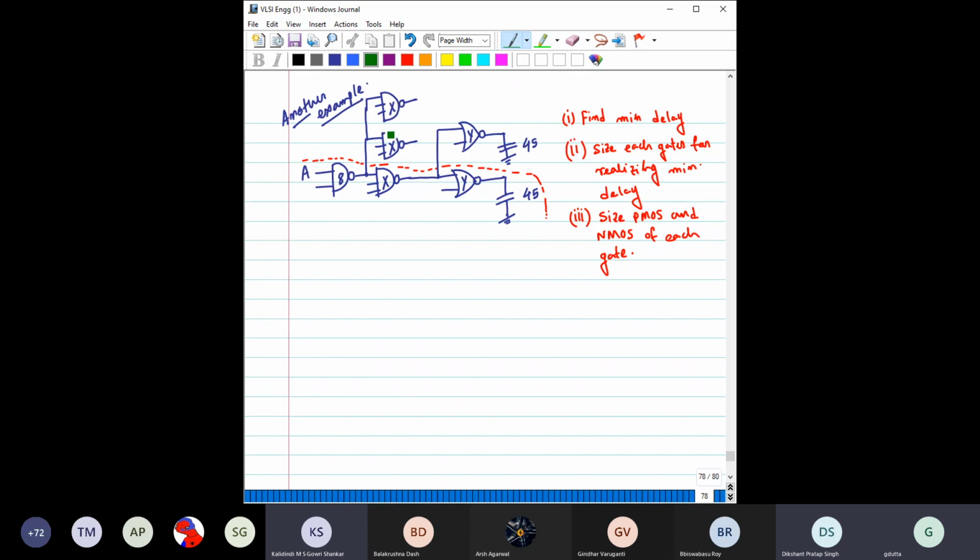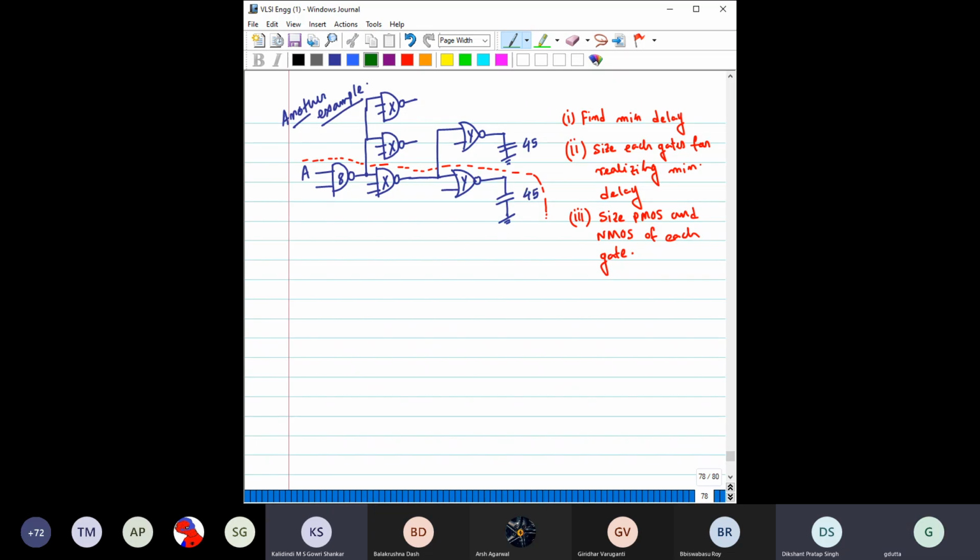It is given the sizes are same, like XXX. Now this 3 input NAND gate is driving 2 input NOR gates, their size is also the same, and each of them is driving a load capacitance of 45 units.